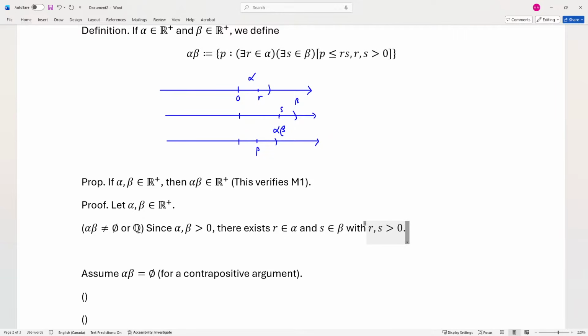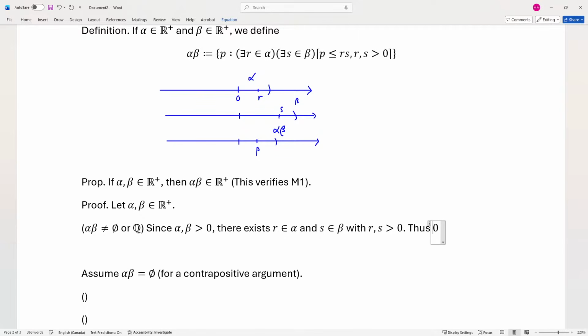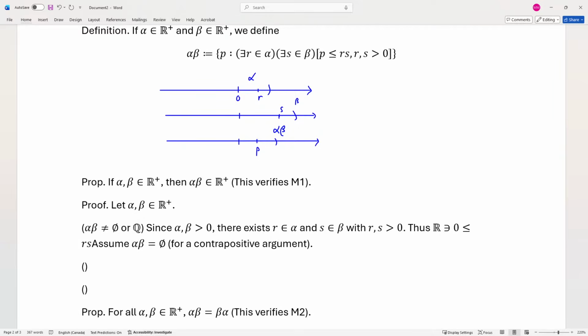So that's done. Thus, the rational number 0 in Q satisfies this property. So that means this is not empty, so we're done. I'm not saying it cannot be done the other way, but this is already enough for proving alpha times beta is not empty.